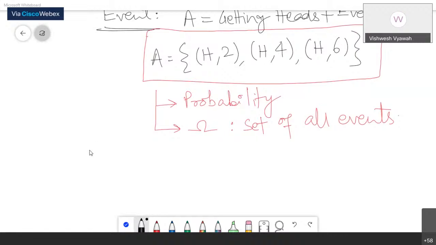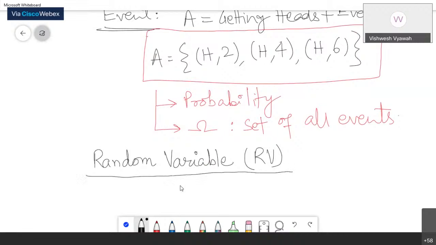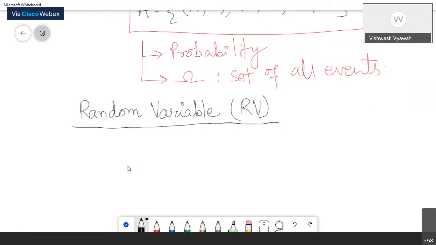So now let's introduce something called random variable, abbreviated as RV. Now please note that when we talk about a random number, it is just any number. So the average income of any person in Mumbai is a random number.